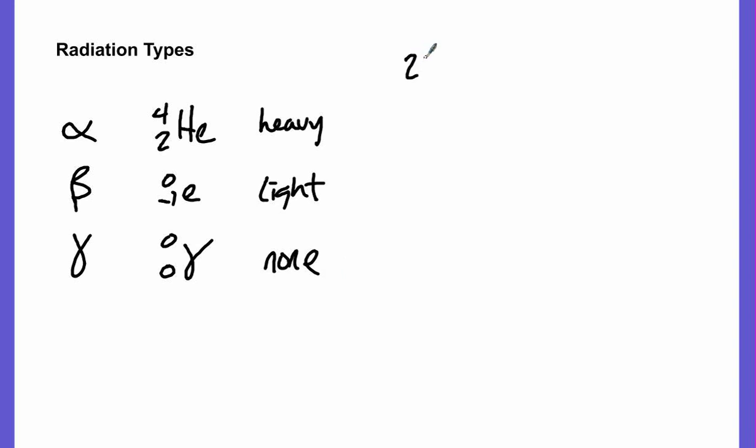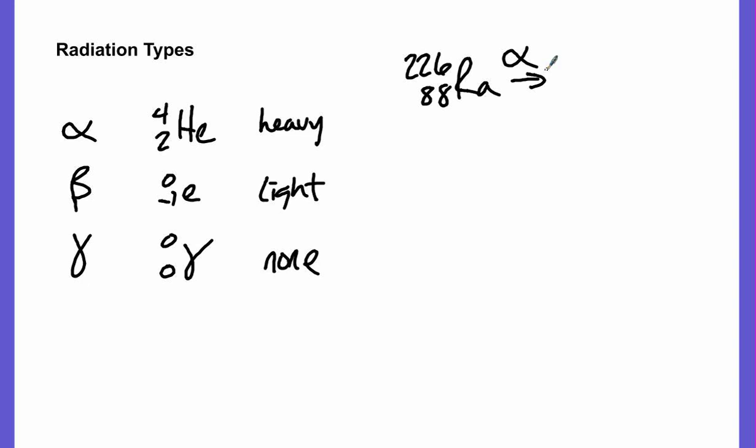So if I started out with a radium nuclide, at number 88 on your periodic table, and you kind of need a periodic table to do this kind of stuff, it may emit a particle to become more stable.